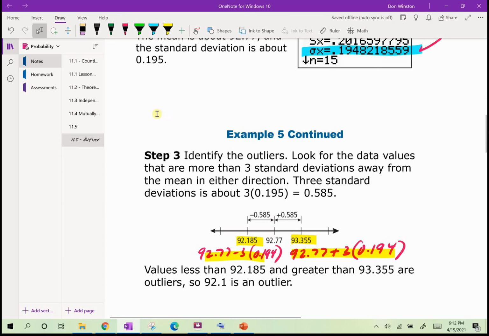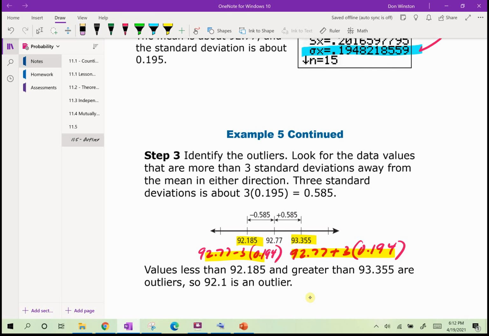Okay, so identify the outliers. Look for the data values that are more than 3 standard deviations from the mean in either direction. 3 standard deviations is about 3 times 0.195 equals 0.585. Okay, so we take our mean and we add 3 times our standard deviation.